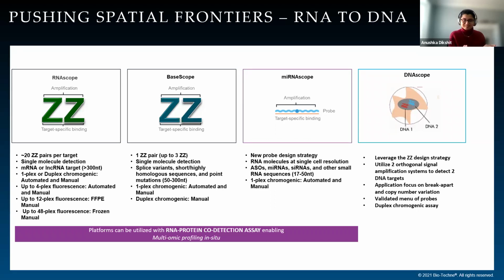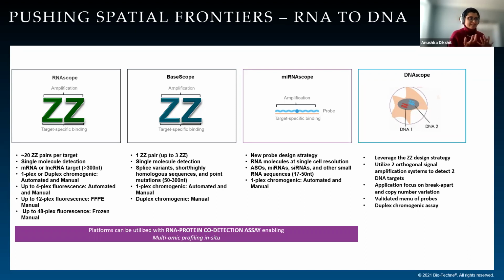As the name suggests, it is for detecting an even smaller range of RNA targets between 17 to 50 nucleotides in length. And these are mainly your antisense oligos, siRNAs, microRNAs, and so forth. And finally, our latest DNAscope assay was designed to detect DNA targets.